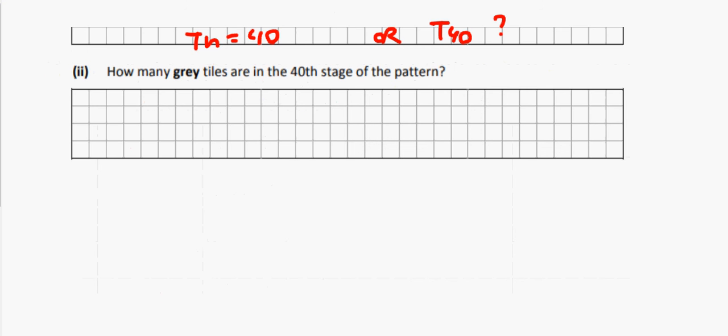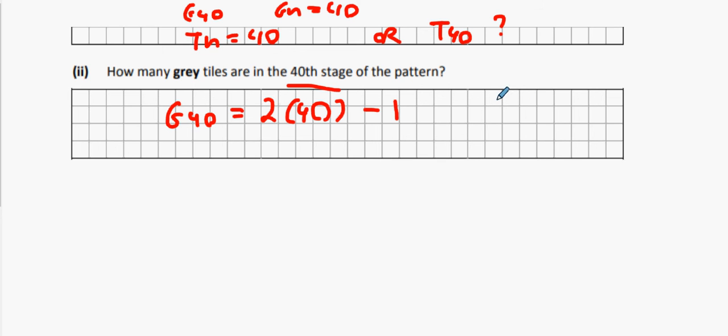Question. Are we looking for G40 or Gn equals 40? Are we asked for how many grey tiles in the 40th pattern, or what pattern has 40 grey tiles? It's G40 we're looking for. So G40 is 2 times 40 take away 1.